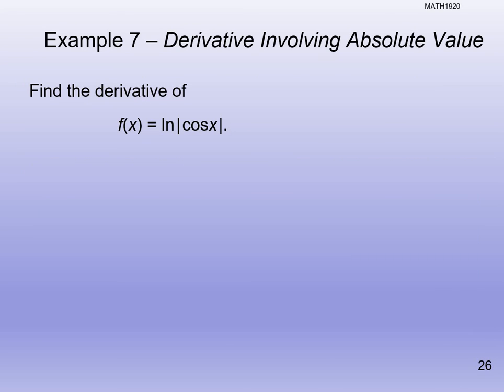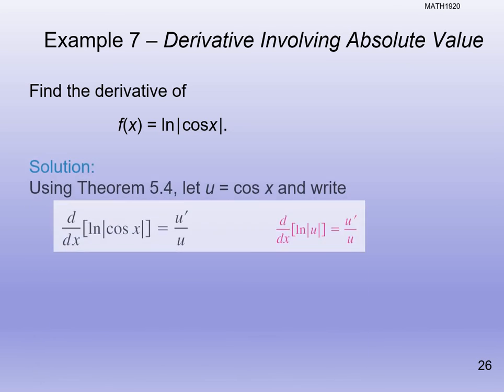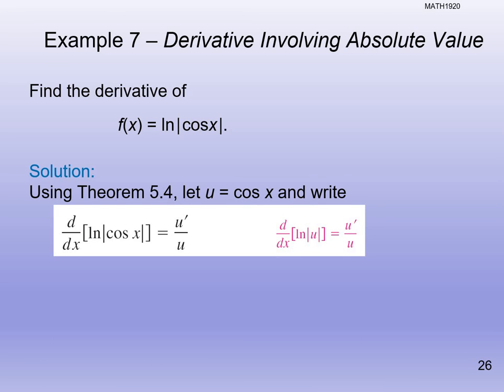So let's do an example here. We want to find the derivative of the natural log of the absolute value of cosine of x. We're going to apply the same thing that we've been doing with the derivative of natural log. So it's going to be 1 over cosine times the derivative of cosine, which is minus sine. Then we end up with negative sine over cosine, which ends up being tangent. So u in this case is cosine if we're doing the u substitution.